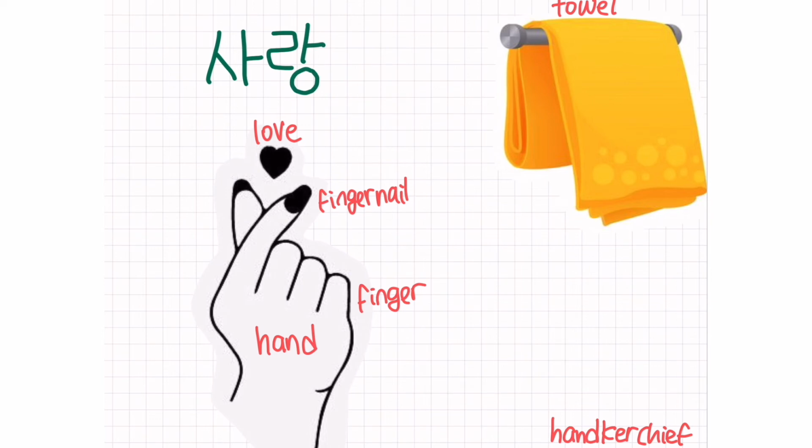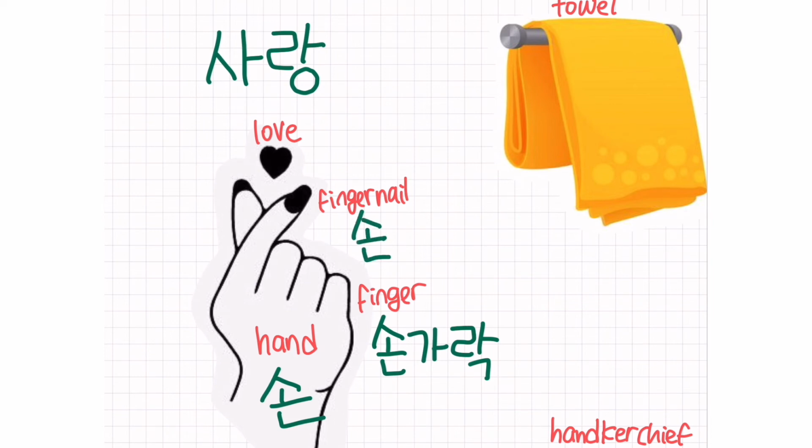I'm going to start with hand, which is 손. Finger is 손가락. Fingernail is 손톱. Towel is 수건.